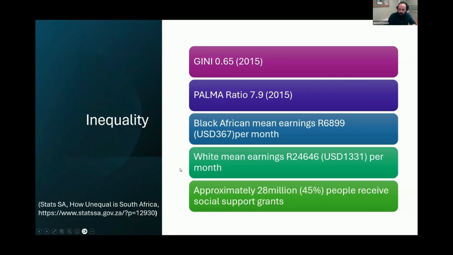So while we have quite high level intensive care services in many regions in South Africa, the big problem is that because of our colonial and apartheid history, South Africa remains probably the most unequal country on the planet with a Gini coefficient of 0.65. And there's a great discrepancy between the average Black African South African who's earning on average 6,899 Rand or $360 a month, compared to the white South African who is at this stage still earning close to $1,300 per month.